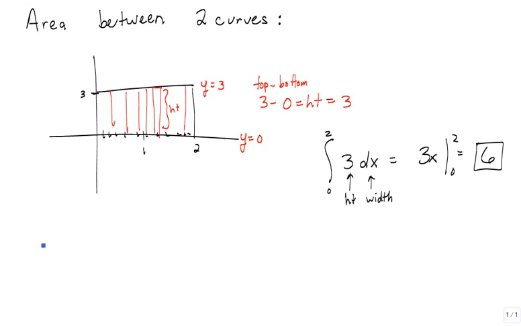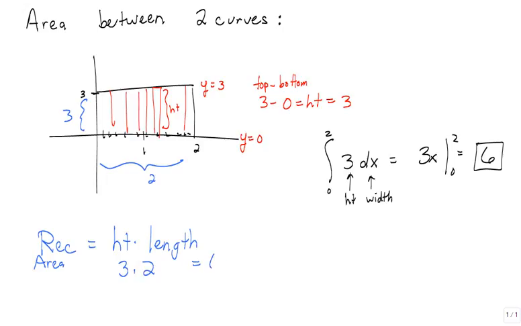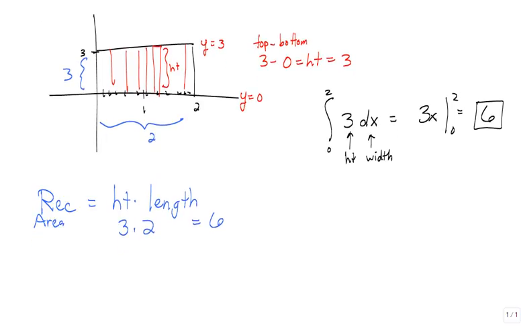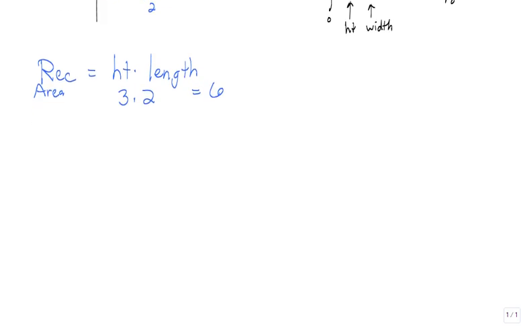But we know the whole rectangle is height times the length, the area. So if this is 2 and this is 3, it's 3 times 2 is 6. So the point is you can just integrate to get the area between two regions.